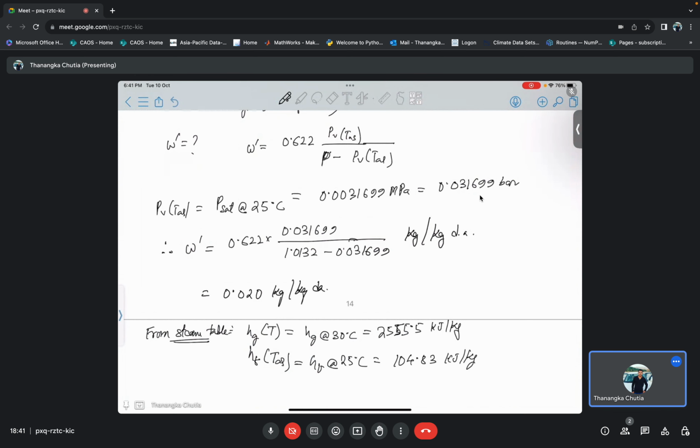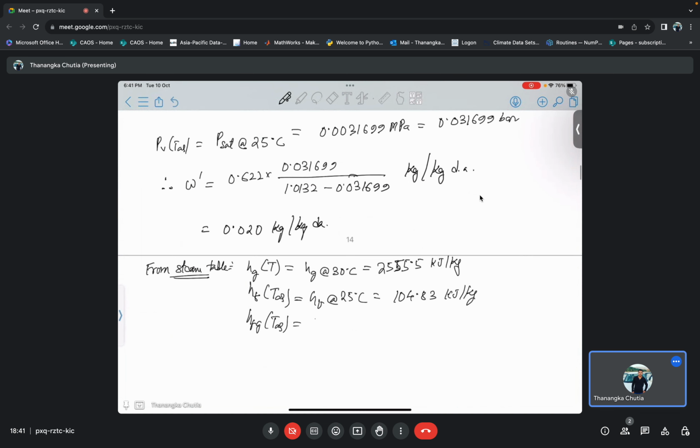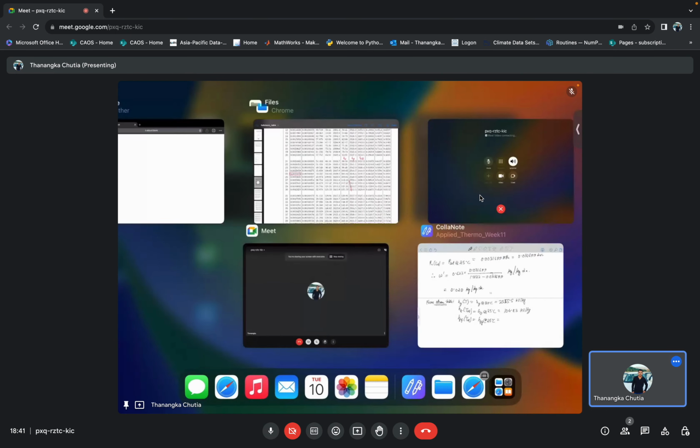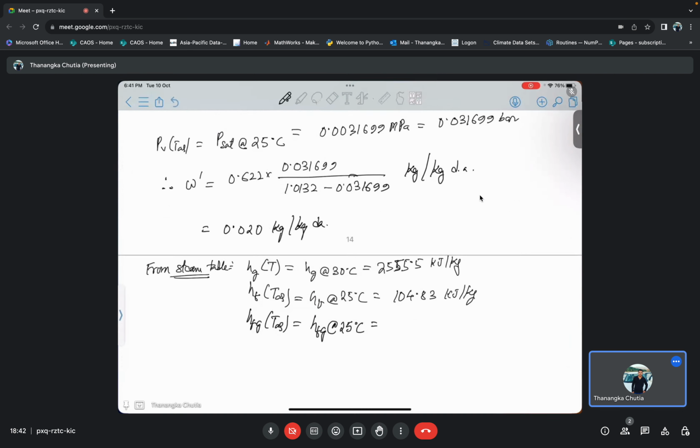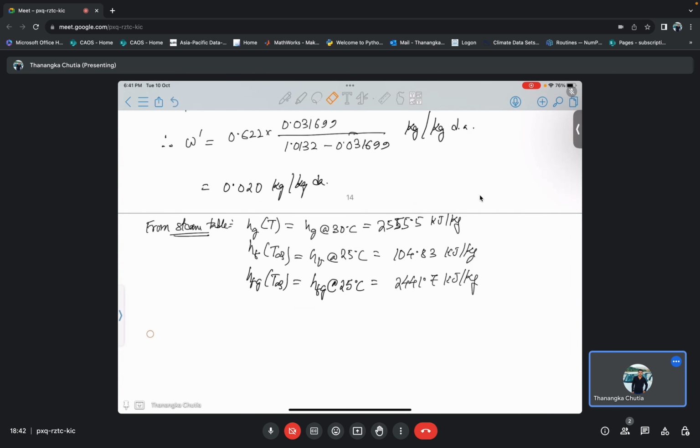And HFG at TAS is nothing but HFG at 25 degrees Celsius, which is 2441.7 kilojoule per kg.